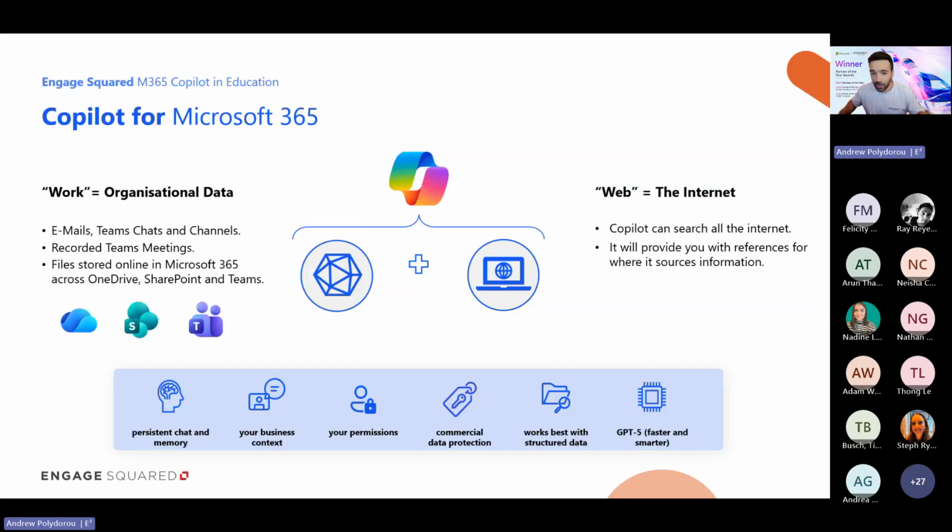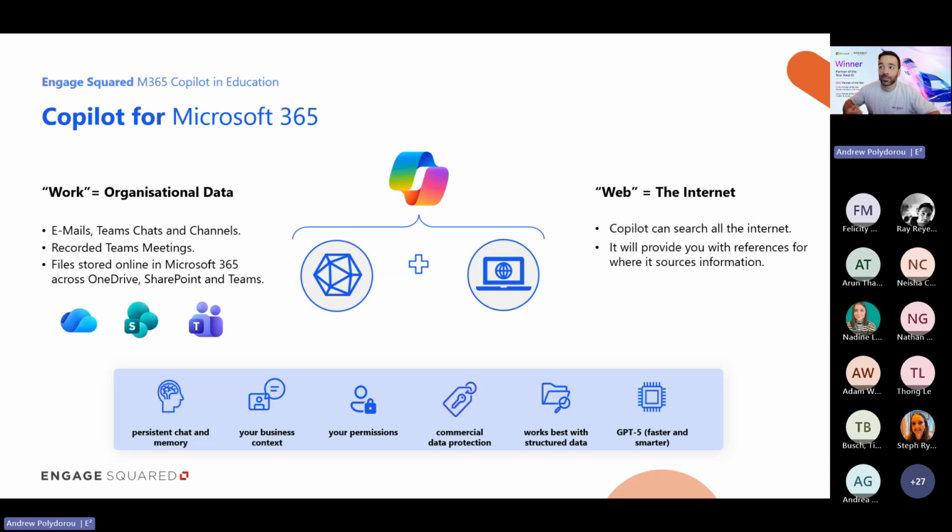So first and foremost, what is Copilot? Copilot is a generative AI large language model, much like ChatGPT, Claude and Google Gemini. In principle it works exactly the same way. What makes Copilot really stand out from these external LLM tools is that, as you can see on the left-hand side of the screen, it overlays all of that knowledge from the web or provided sources with all of your work context.